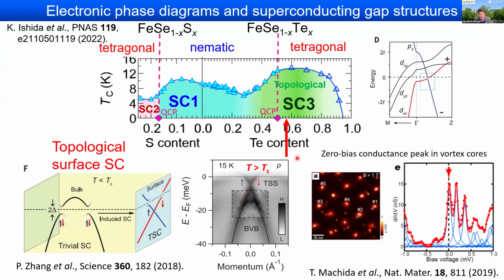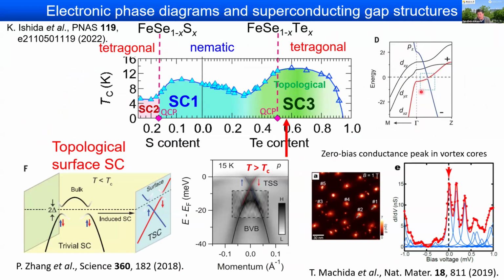So another important feature of this phase diagram is that if you go to this SC3 phase, the electronic structure actually changes, and this P band, which is coming from the chalcogen site, is going down and making a crossing near the Fermi level along the gamma Z line.